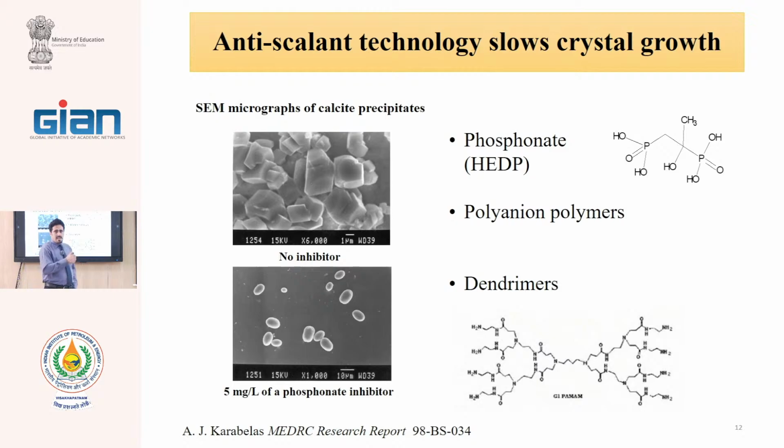The anti-scalant is used at very low concentration: 1 ppm, 2 ppm, 5 ppm, 10 ppm, not more than 10, okay?